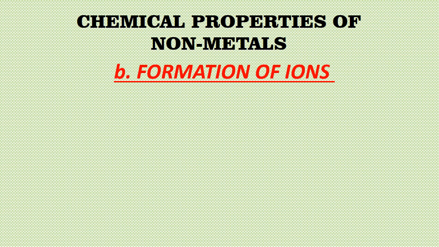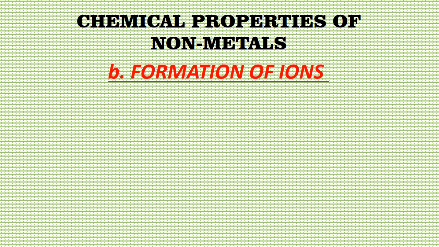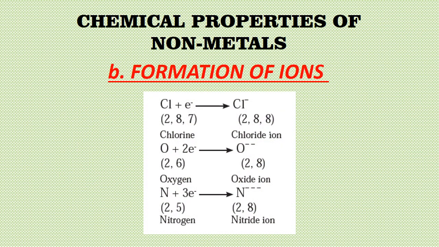Number 2, formation of ions. Nonmetals have a tendency to accept electrons in their valence shell to form negatively charged ions called anions. See, here we have chlorine. We can see the electronic configuration 2, 8, 7. As it is only one electron less to complete the octet, hence it accepts an electron.